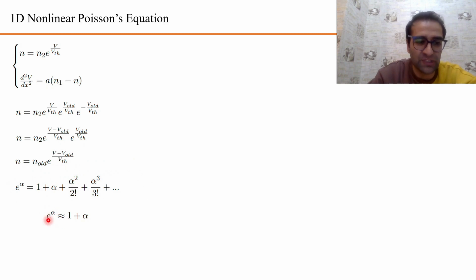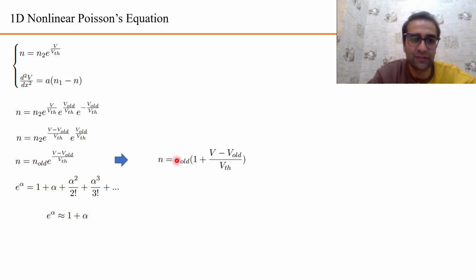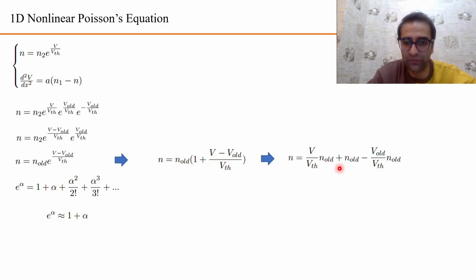Therefore, we can approximate exponential of alpha with 1 plus alpha. By applying this formula in this equation, we can write this as follows: n old multiplied by 1 plus v minus v old divided by v thermal, right? Then just multiplying v old into each of the terms, we have 3 terms here.